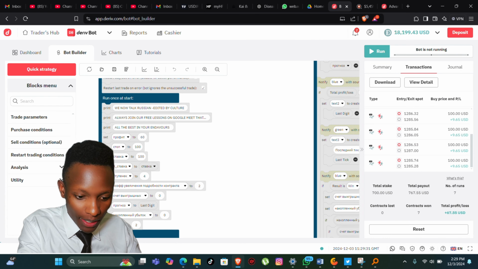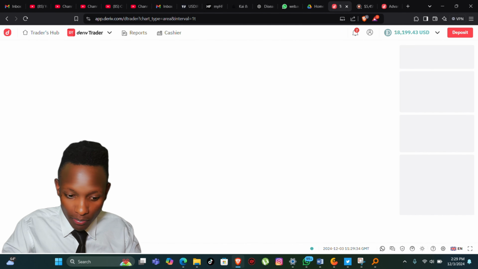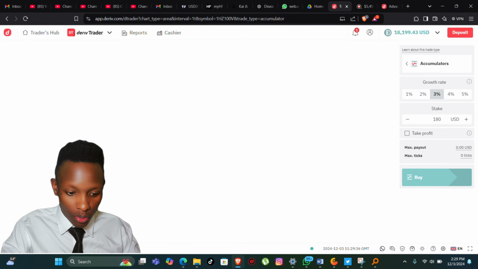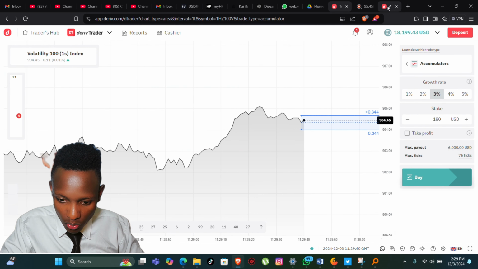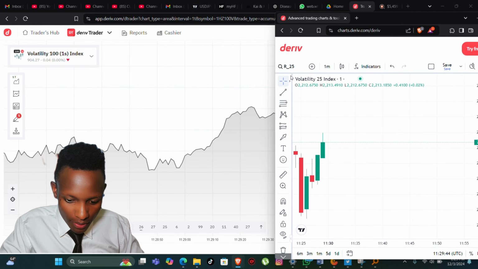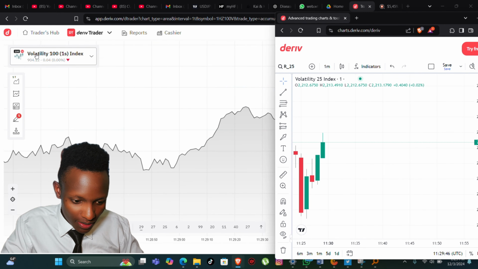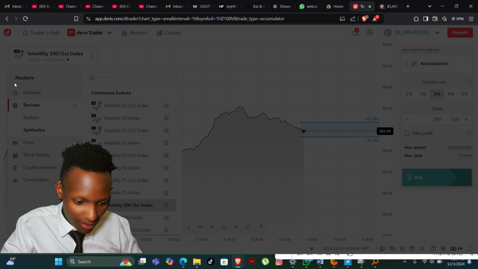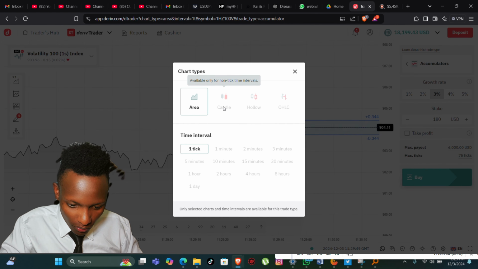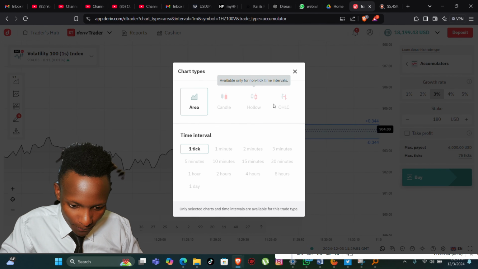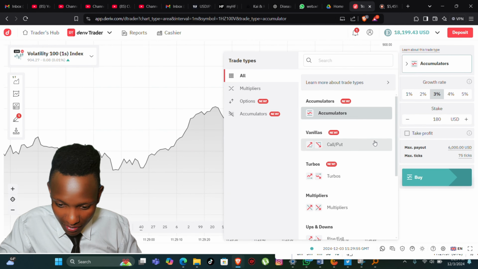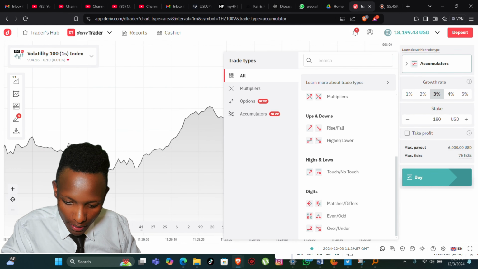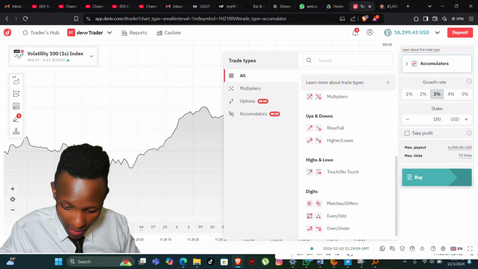So you need to come back to DERIV bot, probably, if you're at DERIV bot. Look at the market that you're trading. In this case, I need to use a split screen here. For the market I'm trading, I need to change the candlestick formation from the chart type. From there, I need to change the trade type first.